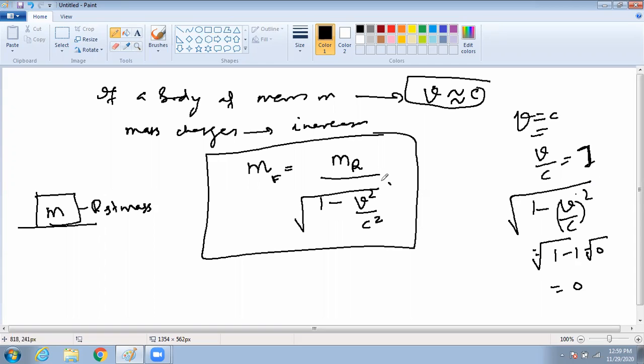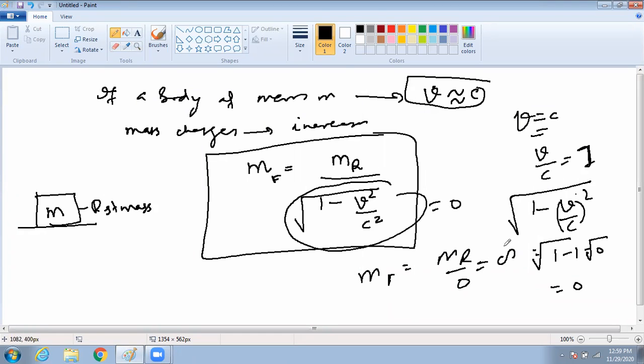So the whole quantity becomes 0. So MF is equal to MR divided by 0, which is infinite. That means if the body moves at the speed of light, the mass of the body is no longer m, it becomes infinite. Clear?